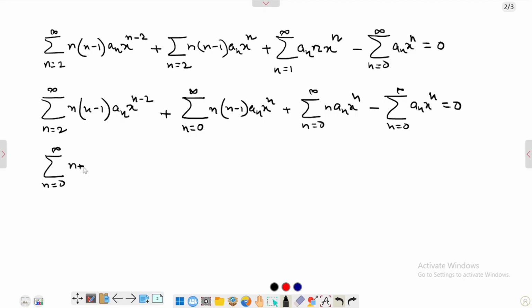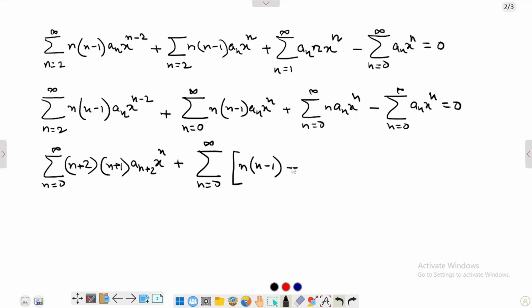I will shift it by 2, so n becomes n plus 2, n minus 1 becomes n plus 1, and so on. After this, I will take the sum from 0 to infinity as common. I get n(n minus 1) plus n minus 1, a_n x^n, equal to 0.